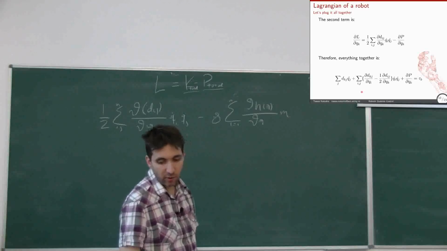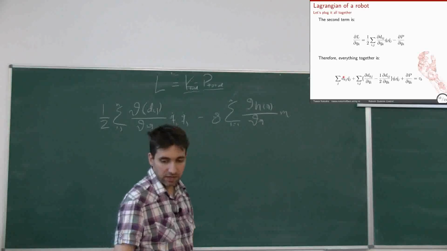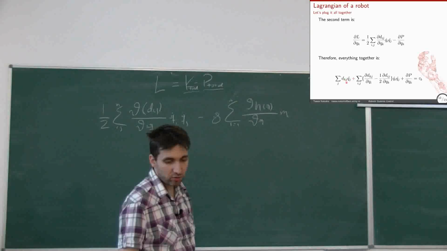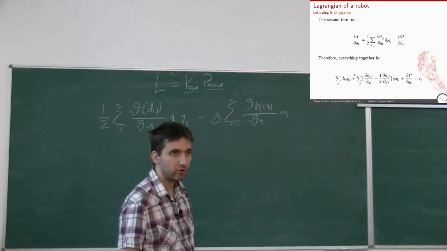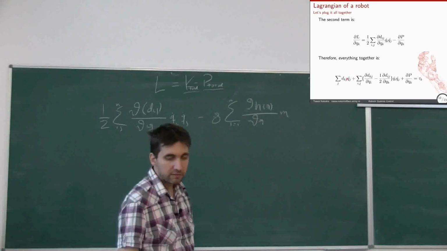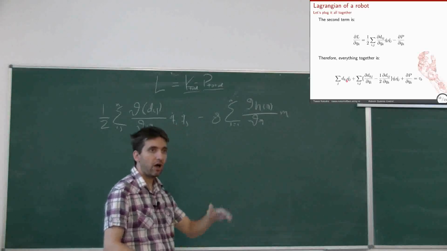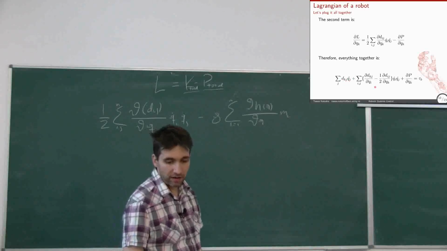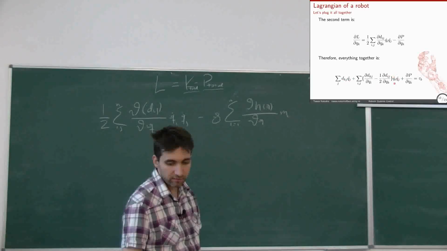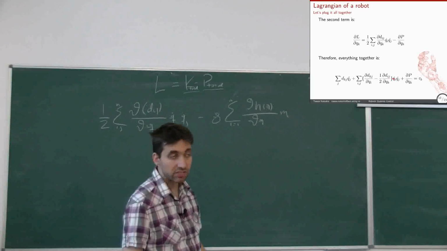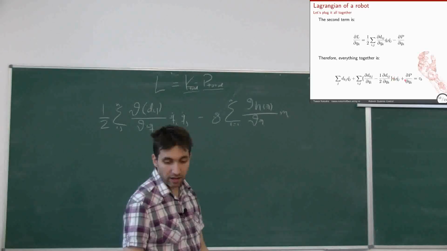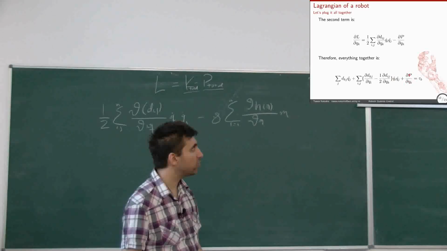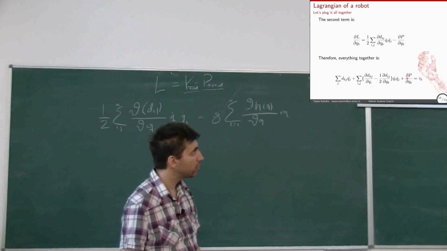Now, if this is a system of equations, I can write it in a general form like this. As you see here, I have some terms with q double dot, so second derivative of q, which is basically the joint acceleration, how fast the joint accelerates over time. I have some terms that depend on q dot, so just velocities of the joints, and I have some term here that depends on the design of the robot, we might have it depending on q, or we might not.